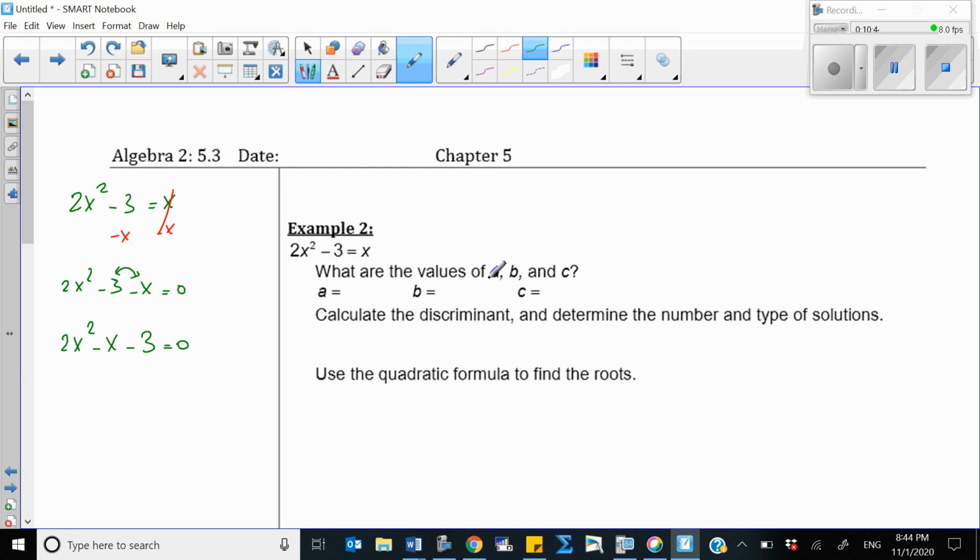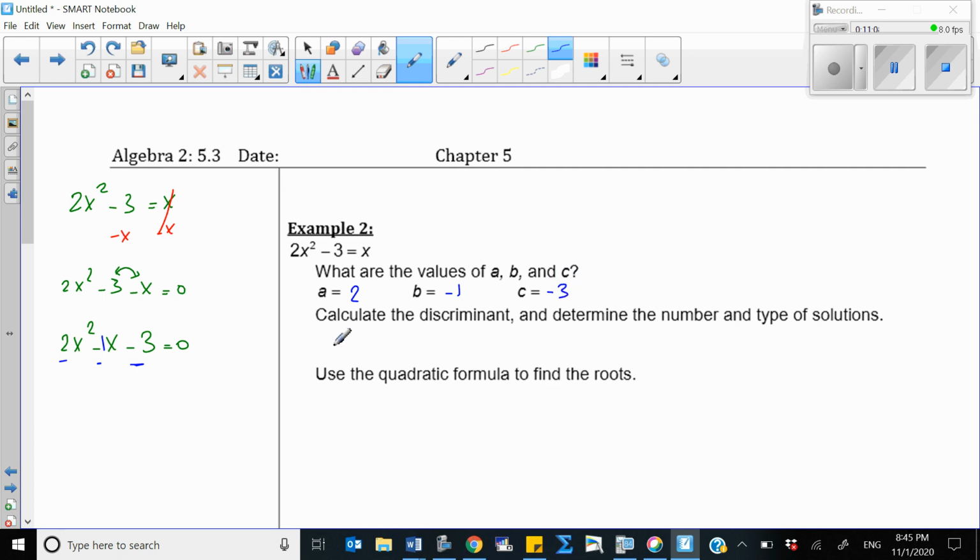Now we need to find a, b, and c. As we know, a value is the coefficient of x squared, which is 2. B is coefficient of x, negative 1 in this case, because we have negative x, that means it was negative 1 times x. So it's negative 1, and our c value is negative 3.